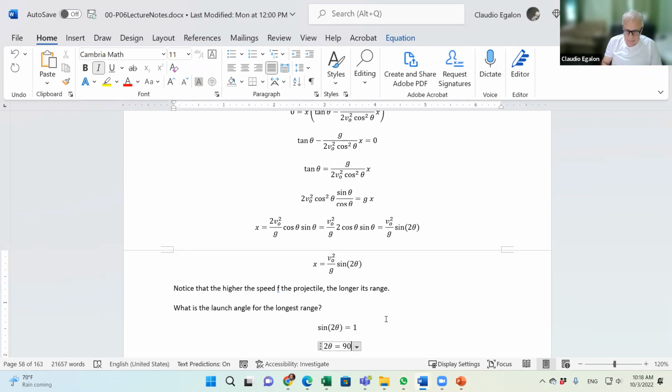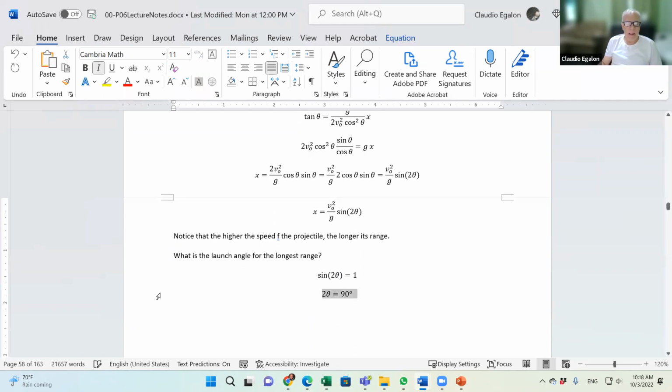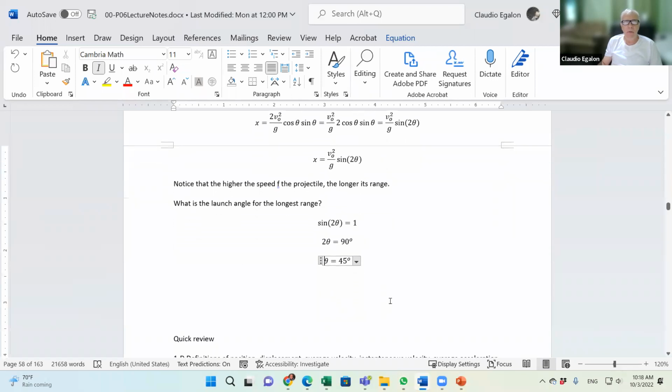Make sense? Right? And once you solve this problem, you get that the launch angle for the longest range that you are going to achieve with your projectile is 45 degrees. Okay.